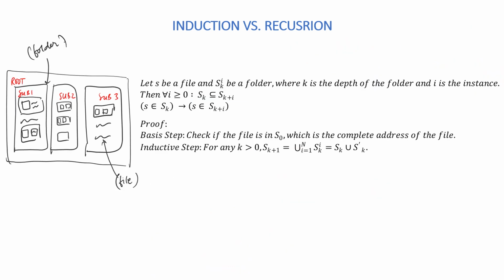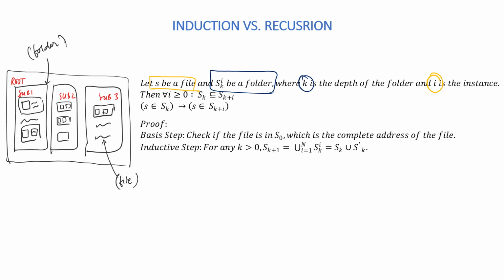So here's a small proof. So we let S be a file. I'll just use some colors here, I don't know if it helps. I hope it helps. So S is a file and capital S sub K is a folder where K is the depth of the folder and I is the instance of the folder.